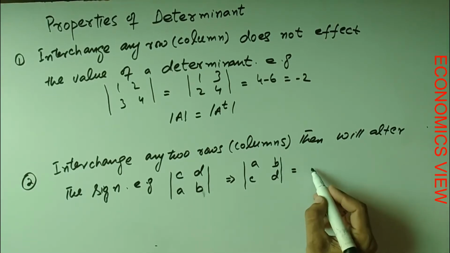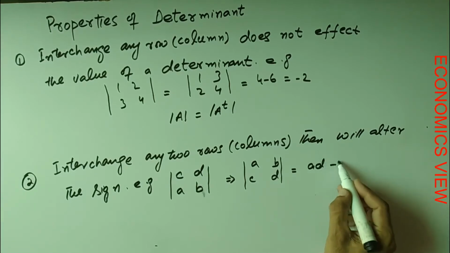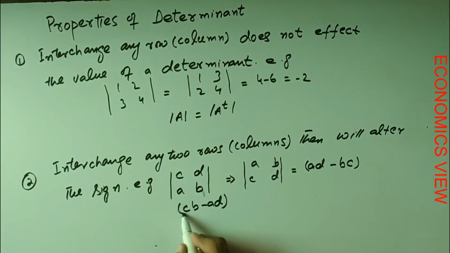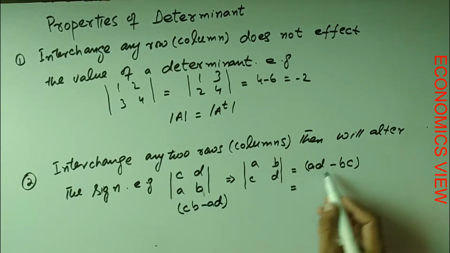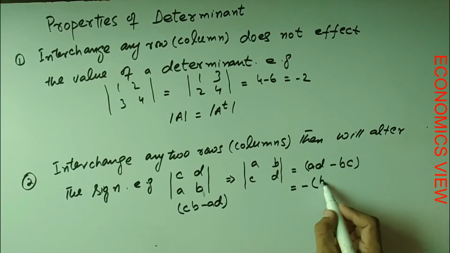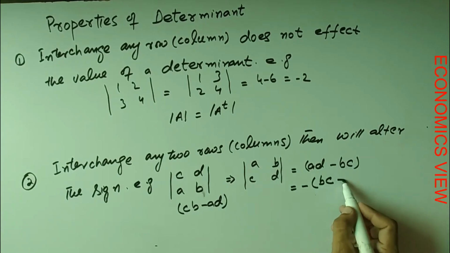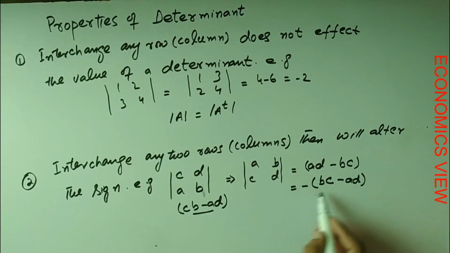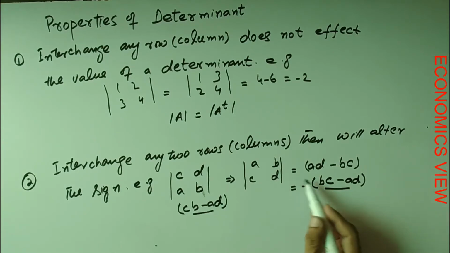That is AD minus BC, and the answer of this will be CB minus AD. So if I take the negative sign out, this will be BC minus AD. Look at this, and this will be the same. So the negative sign will alter.